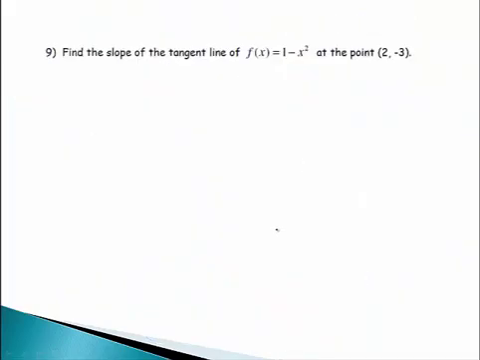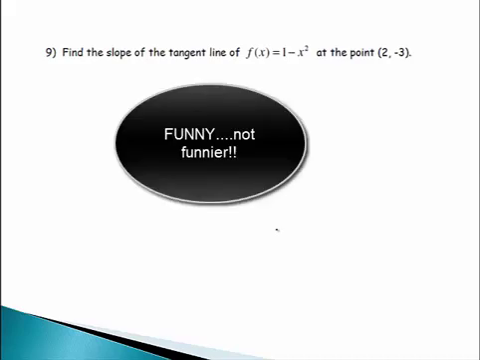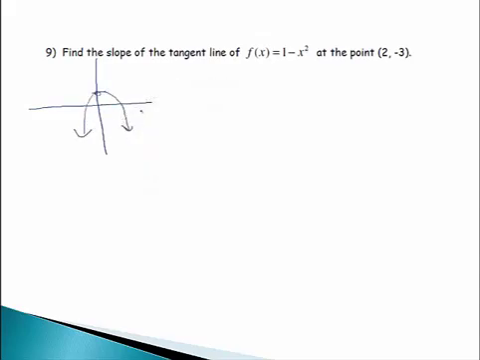Well, let's take a look at this problem. It's still talking about derivatives and such, but it's worded a little funnier, so we need to be able to answer this type of problem. So it says, find the slope of the tangent line at that particular point. Here's a sketch at the point 2, negative 3.